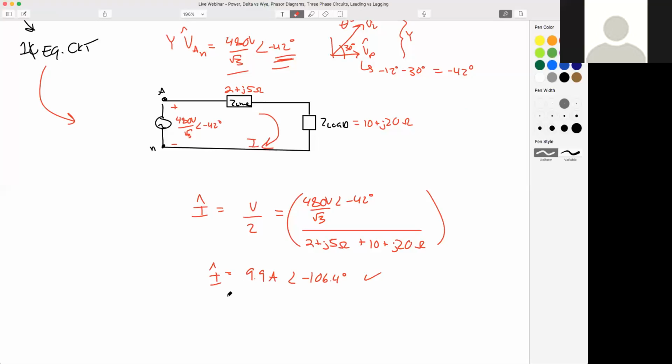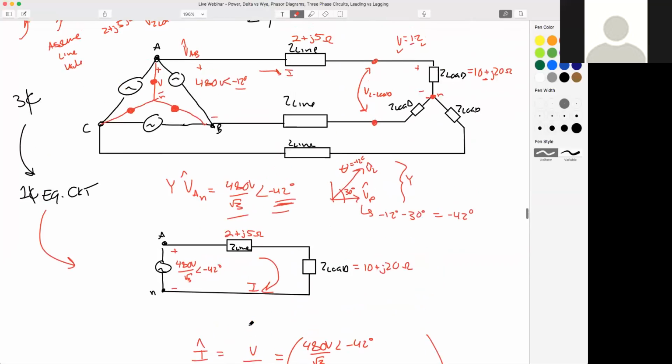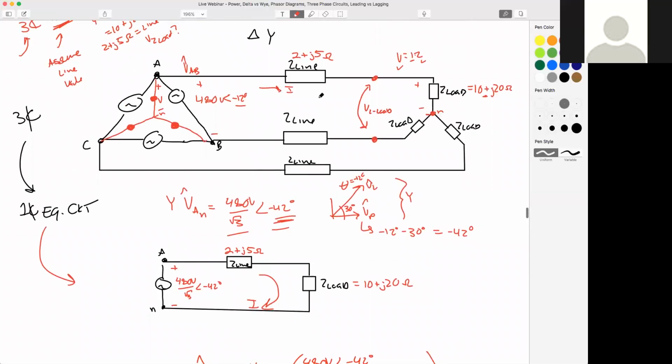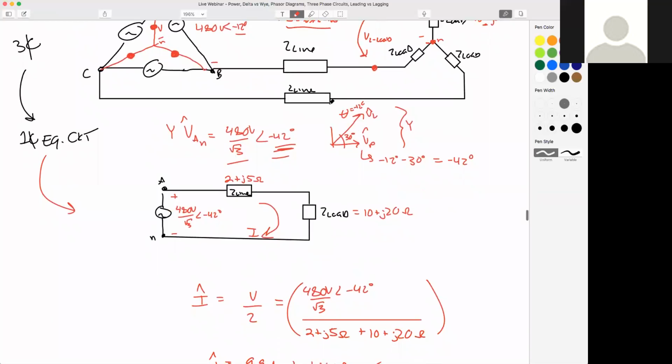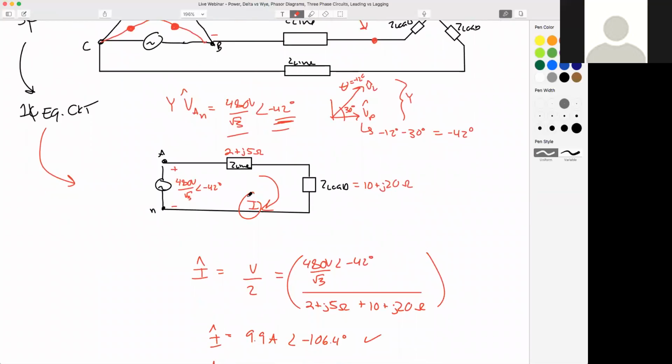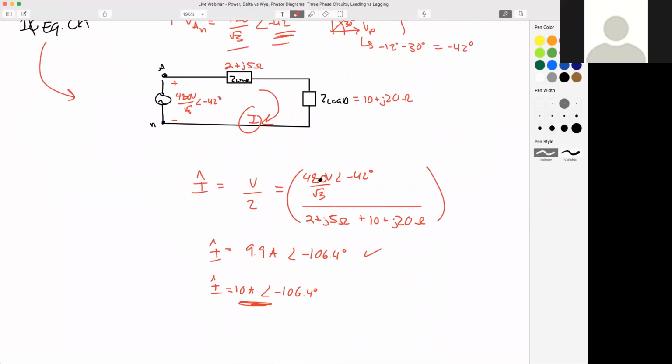So that means this current right here, if we go back to our three-phase circuit, literally is this current right here, right? That's our 10 amps at an angle of negative 106 degrees. So we used that single phase equivalent circuit to solve for that. All right, why do we solve for that current in the first place? What does that current give us?